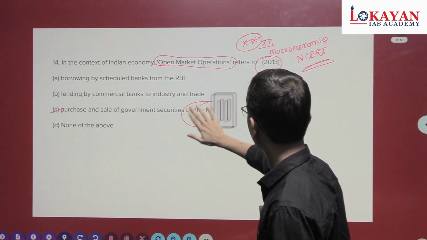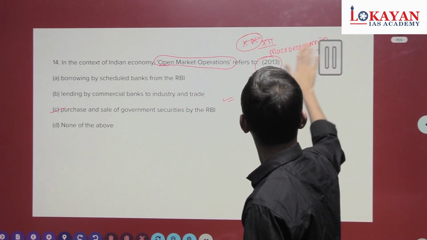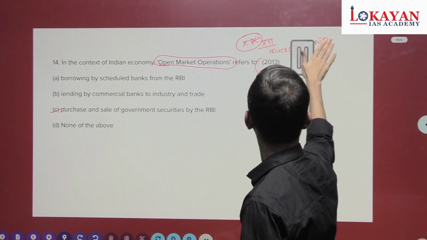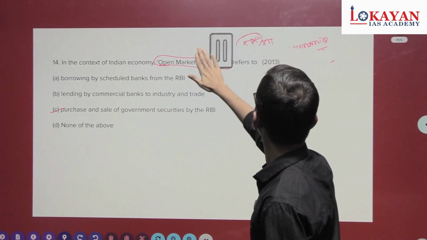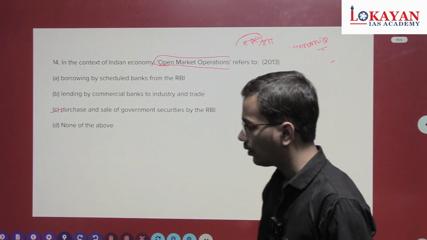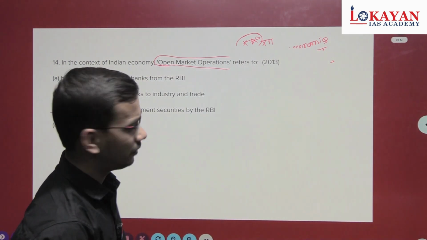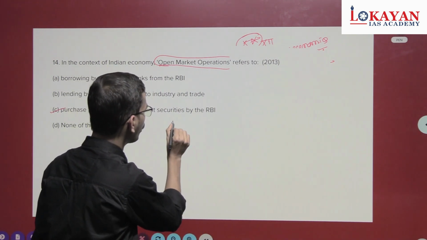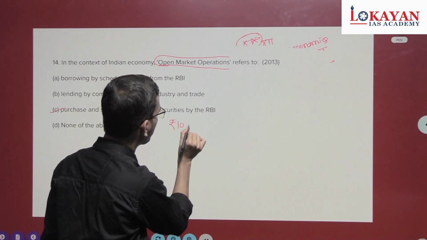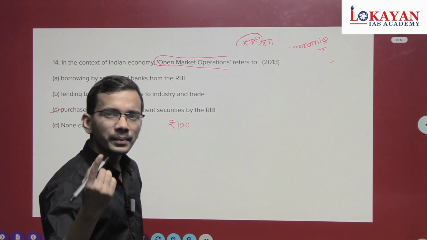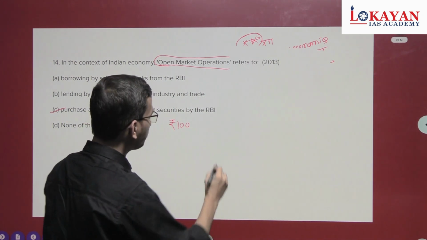Okay, let me erase this. Okay, what is the bond yield? I will explain through an example. Suppose there is a bond worth rupees 100, maturity period 1 year, interest rate 10%.